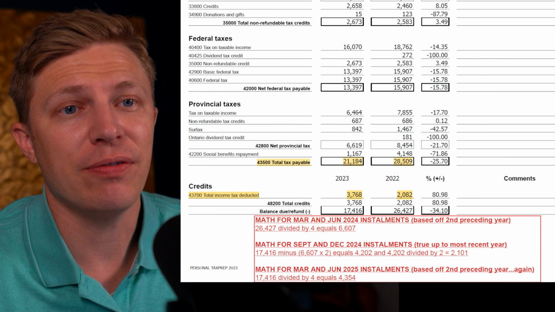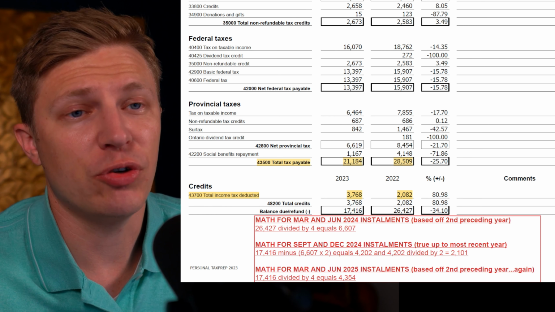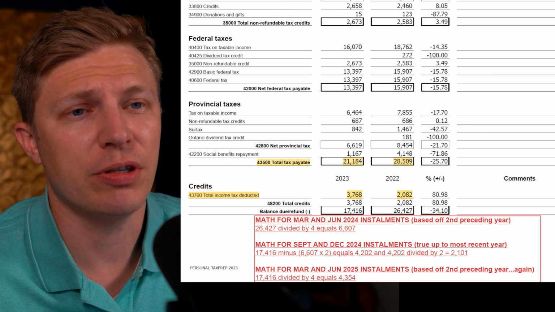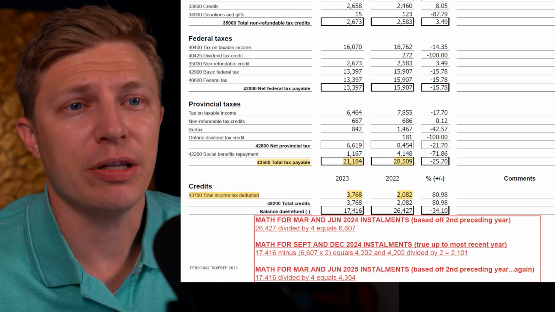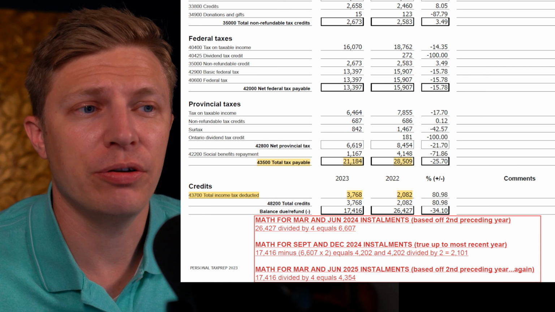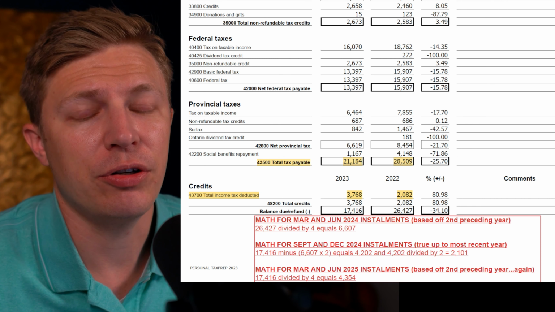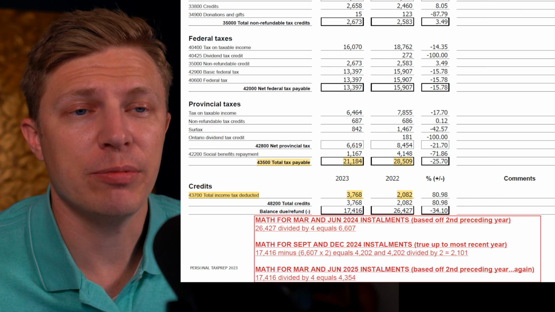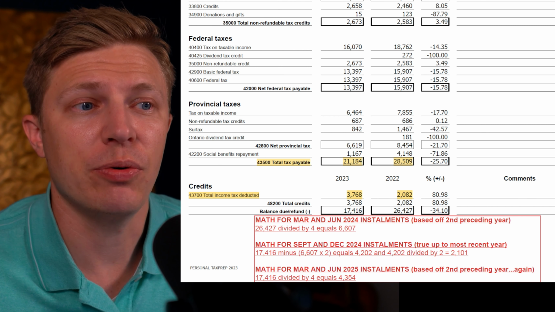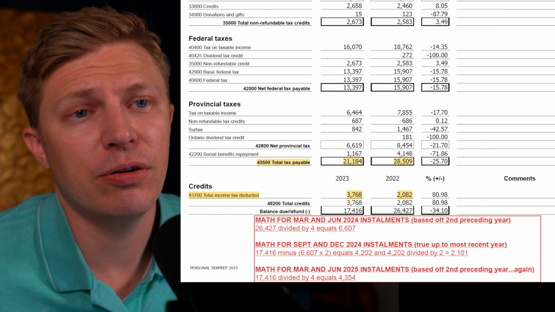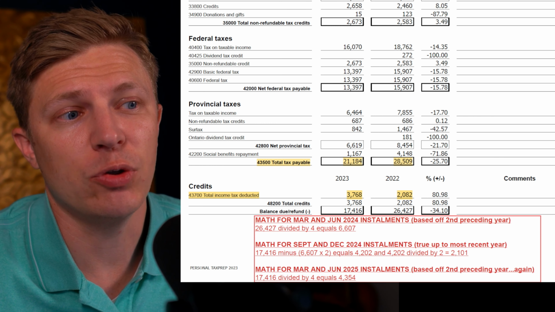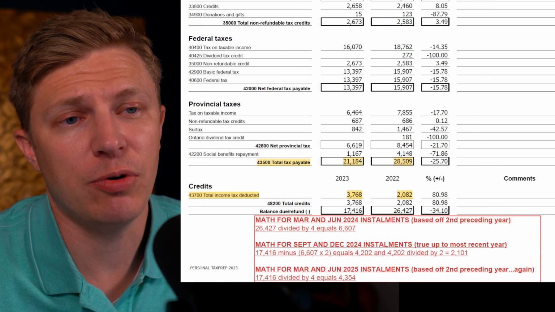So if you take 17,416, subtract the 6,607 that you remitted in March and the 6,607 you remitted in June, that's going to leave you 4,202 remaining, and you're going to divide that number by 2 and pay half of that in September and half in December. So in this example, that's going to result in tax installment requests of 2,101 in both September and December.